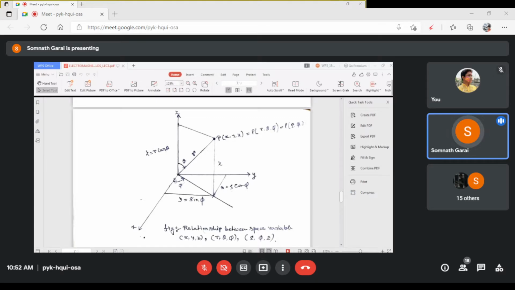From the center point of the sphere, the radius to the point is represented by r, right? And the angle created if we cut the sphere vertically.